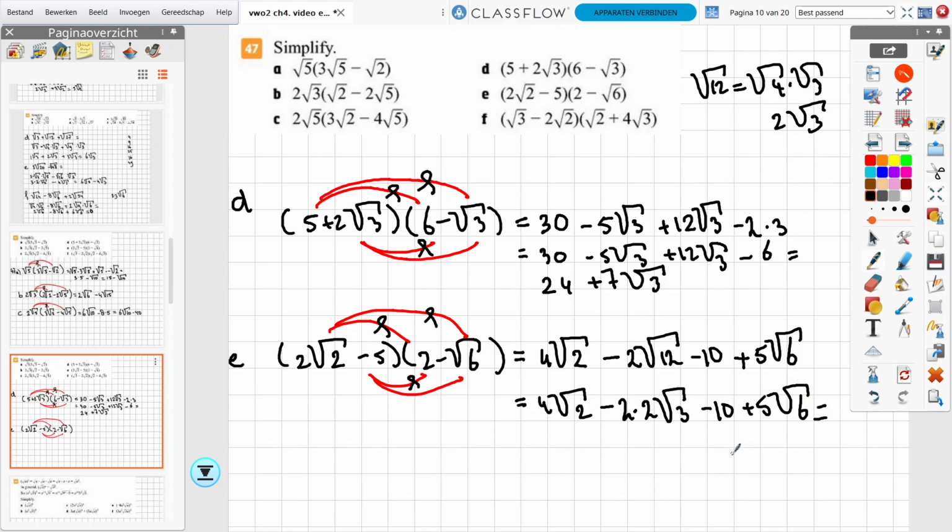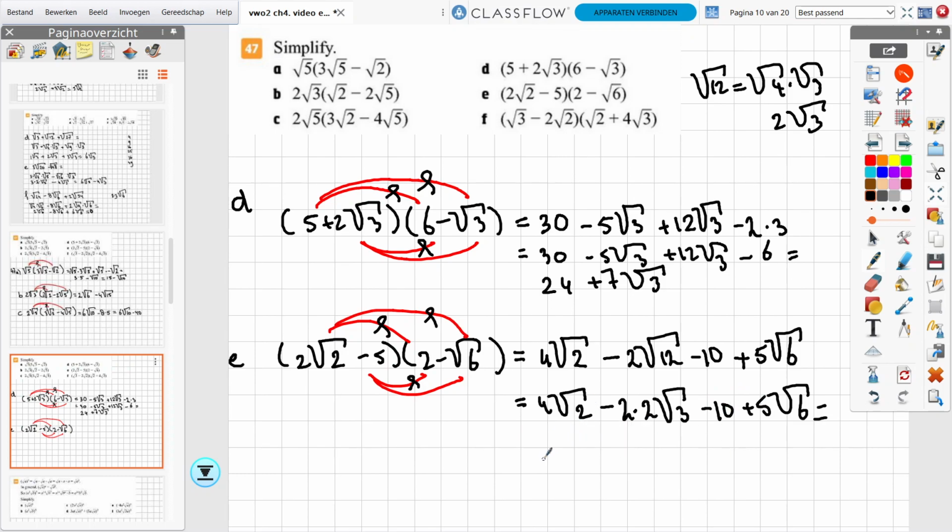2, 3 and 6 are all not like roots, so I really get a big string of roots added up here. And you don't have to do this, but what I prefer to do is try to make an overview, and you can, for example, start with the lowest roots first and then the whole number at the end, or start with the whole number, just for overview.